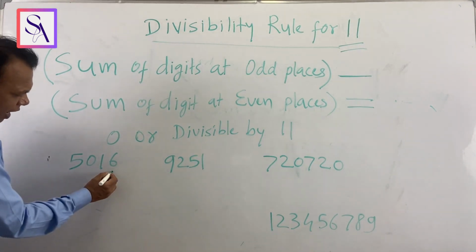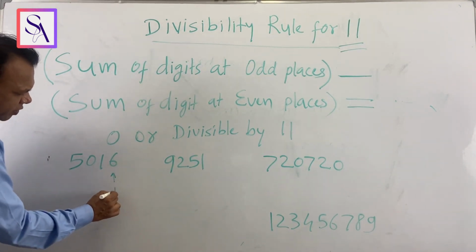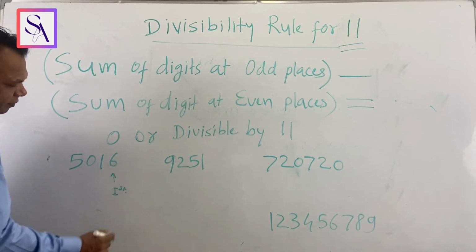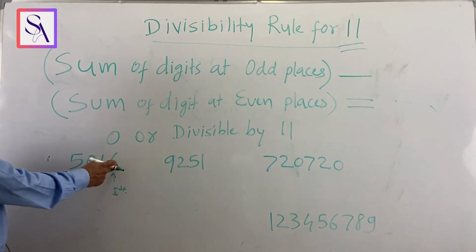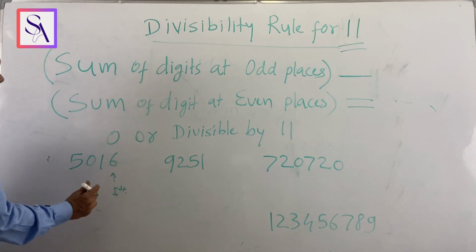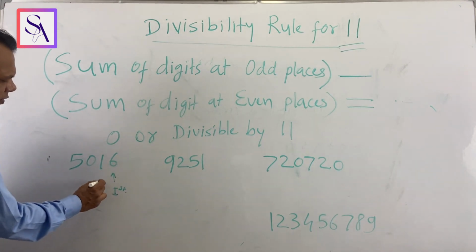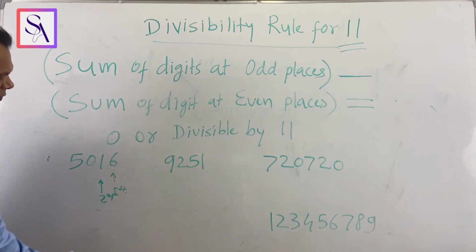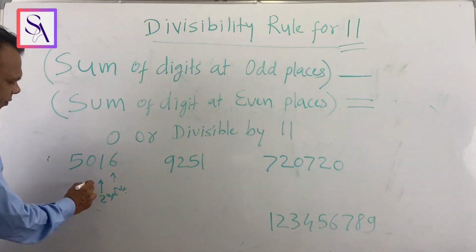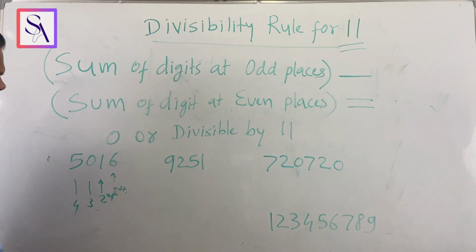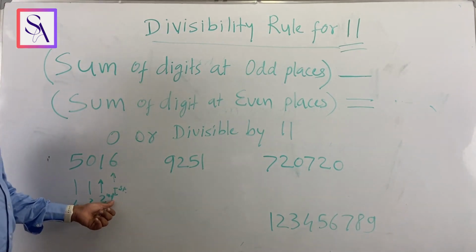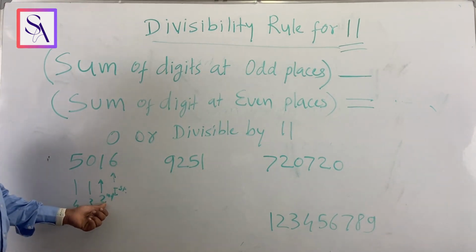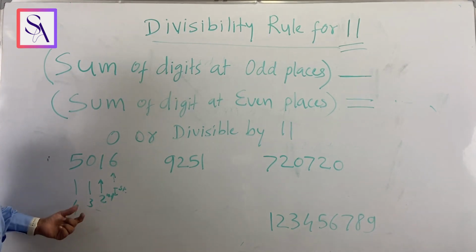So this last digit is the first place, right? We call it one place, right, in arithmetic. This second last digit, that is 1, is second place, and this one is third place and this is fourth place. So 1 is odd, we know that, 2 is even, 3 is odd, 4 is even.